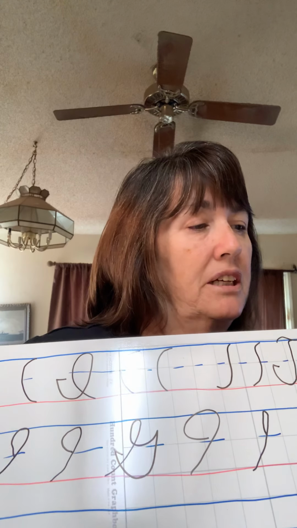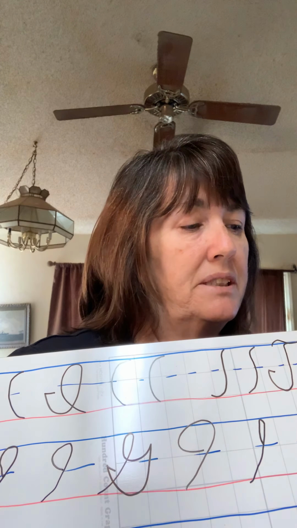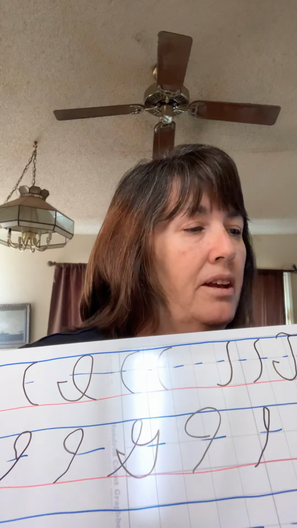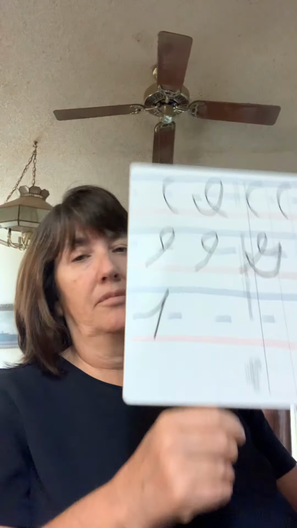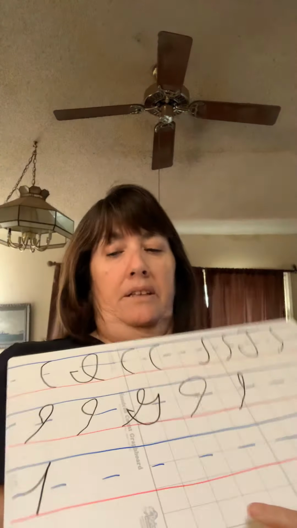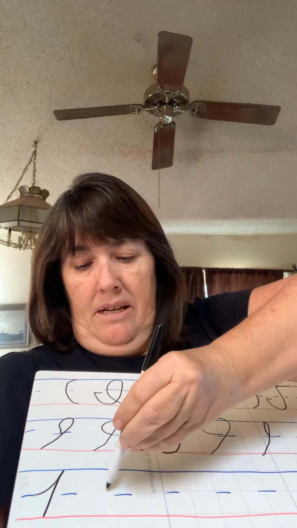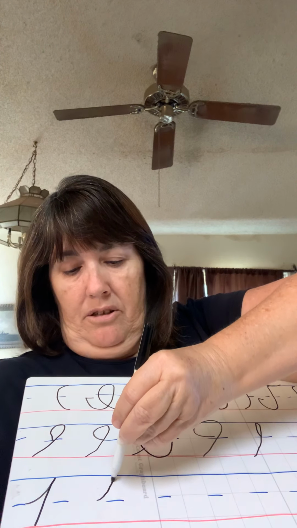Then we're going to look at the undercurve slant letter. The undercurve slant letter begins at the baseline, and you have a little curve and then goes down. Okay, so you begin at the baseline with just a little curve up and then down.